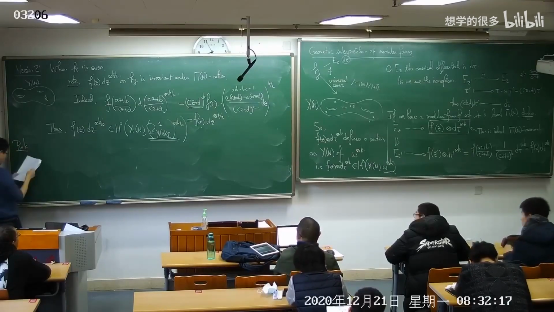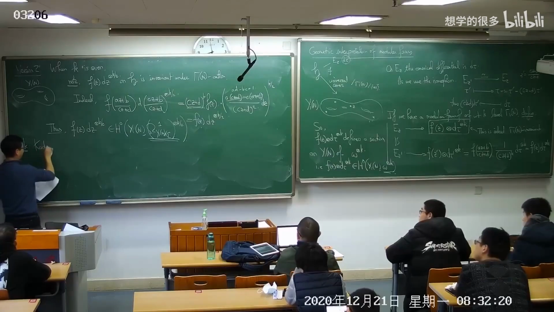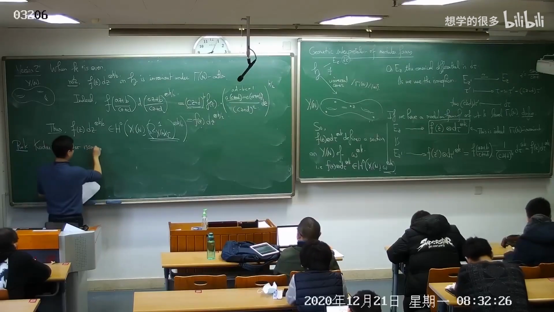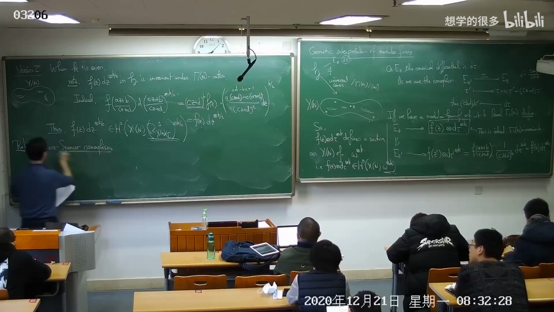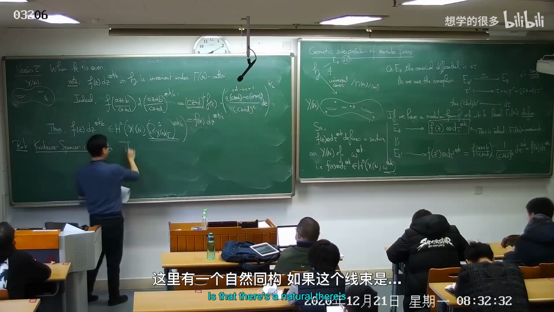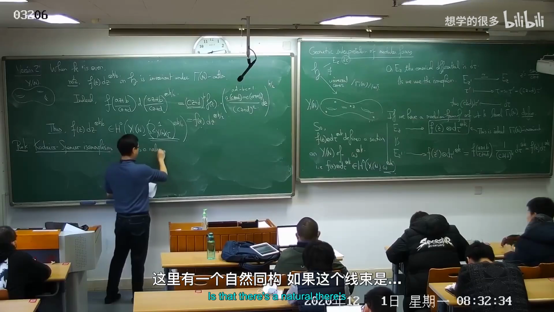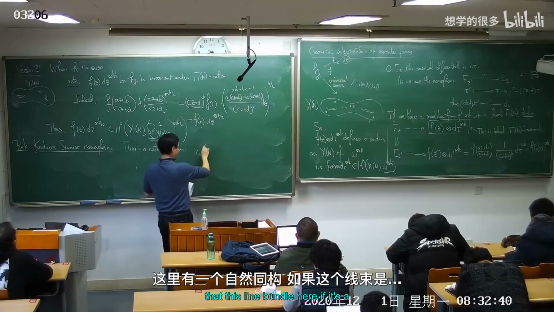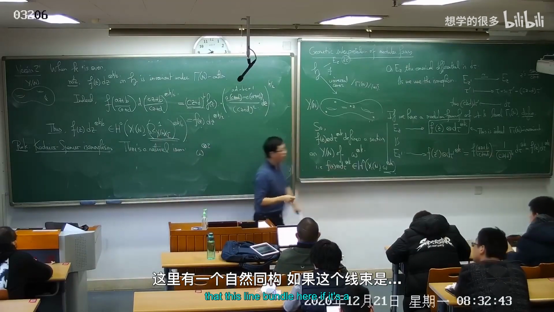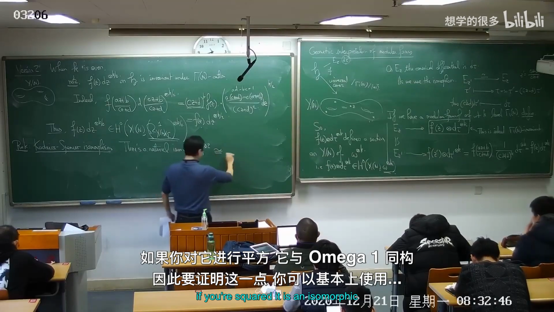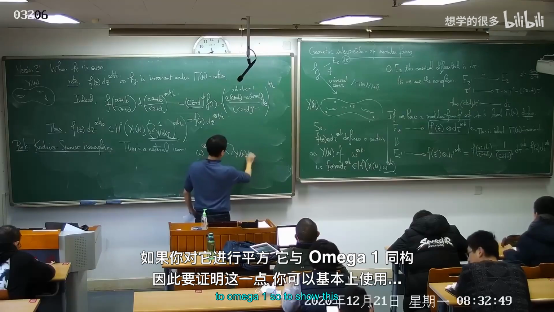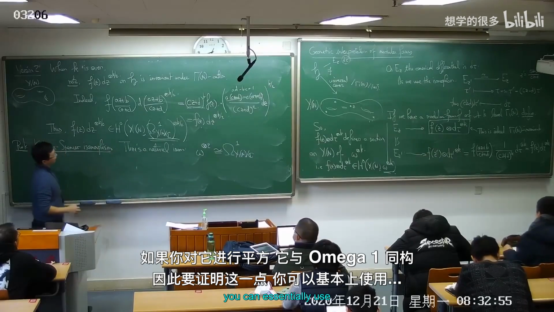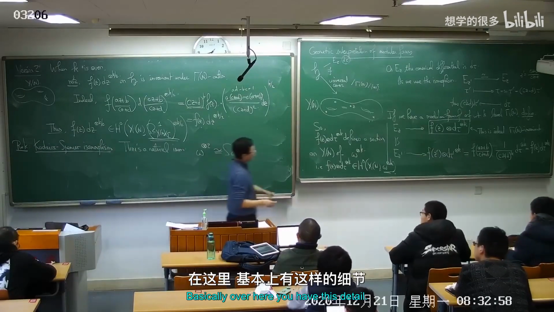Here's a remark. It's called Kodaira-Spencer: there's a natural isomorphism, that this line bundle here, if you square it, is isomorphic to omega 1. To show this, you can essentially use the same proof we have over here. Basically, over here you have this d tau.